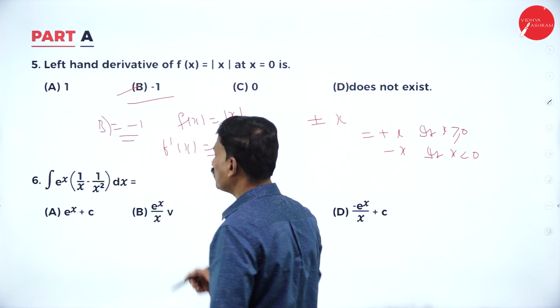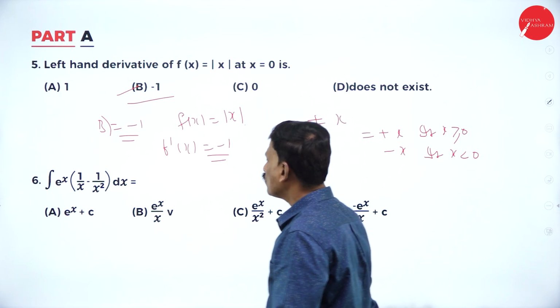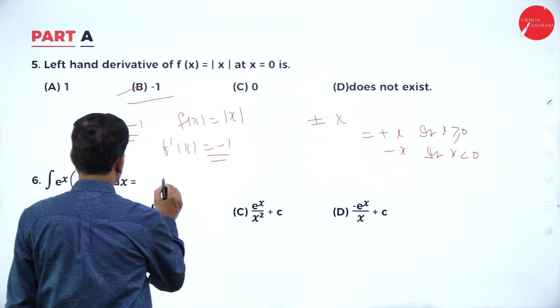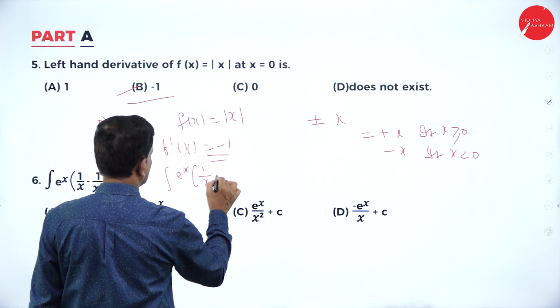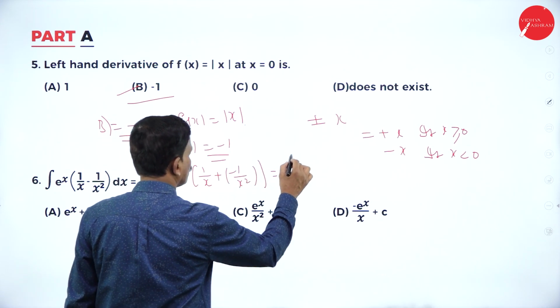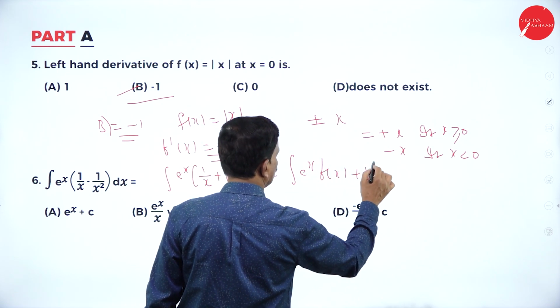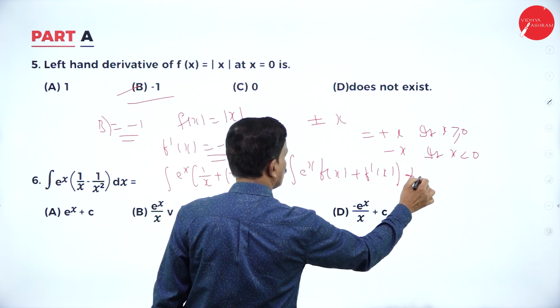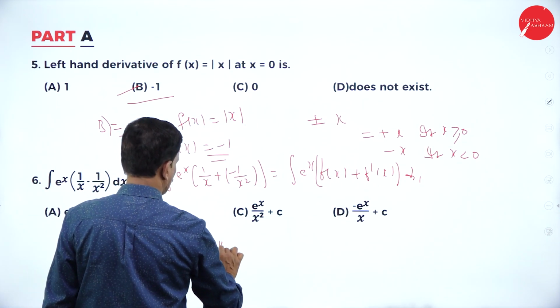The next problem is from integrals. Integral e to the power of x into 1 over x minus 1 by x square. This can be written as integral e to the power of x into 1 over x plus minus 1 by x square. So this is of the form integral e power x into f of x plus f dash of x. Now what is the formula for integral e power x f of x plus f dash of x? Here f of x is equal to 1 by x.